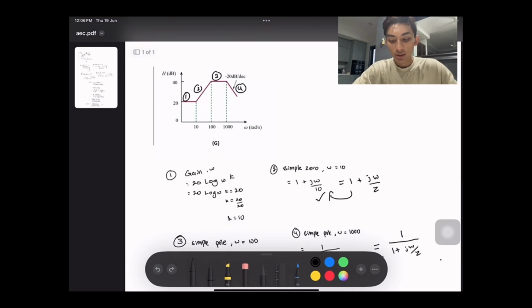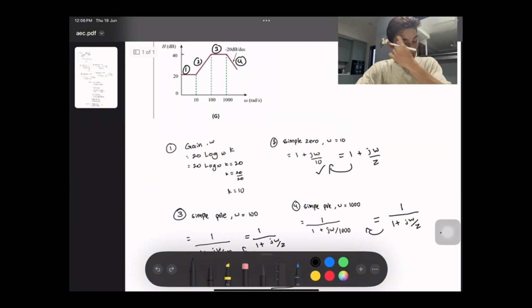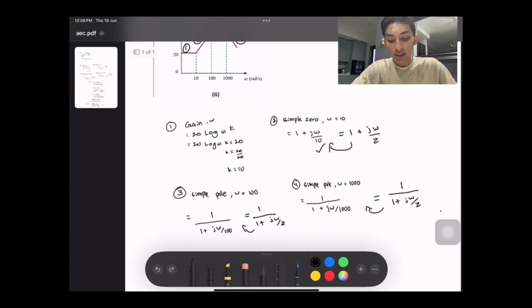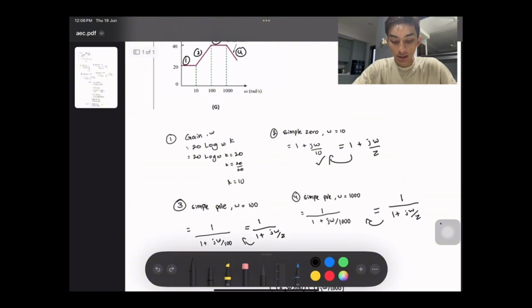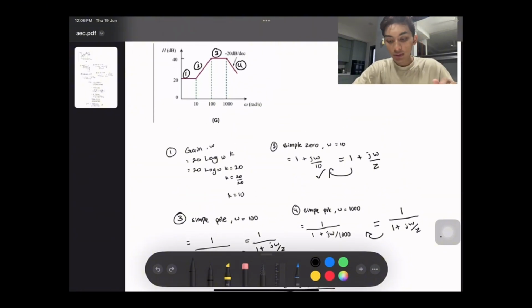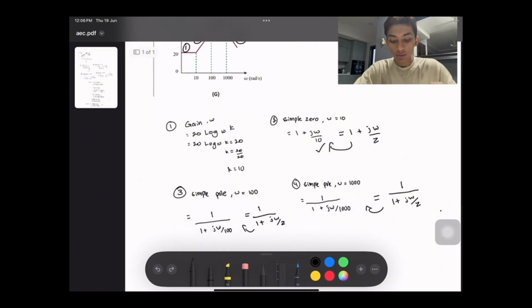Okay, so right now I already have labeled the lines. There are first, second, third and fourth line. So the first one is a straight line, which is gain. So the gain formula is 20 log 10 K. So the K value we got from the y-axis, which is 20 at the starting of the line, and then the K will be divided by 20, and then the K value will be 10.